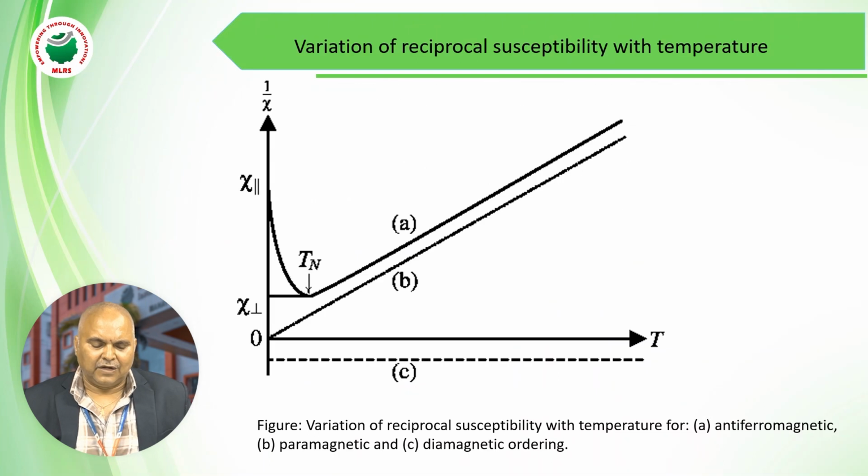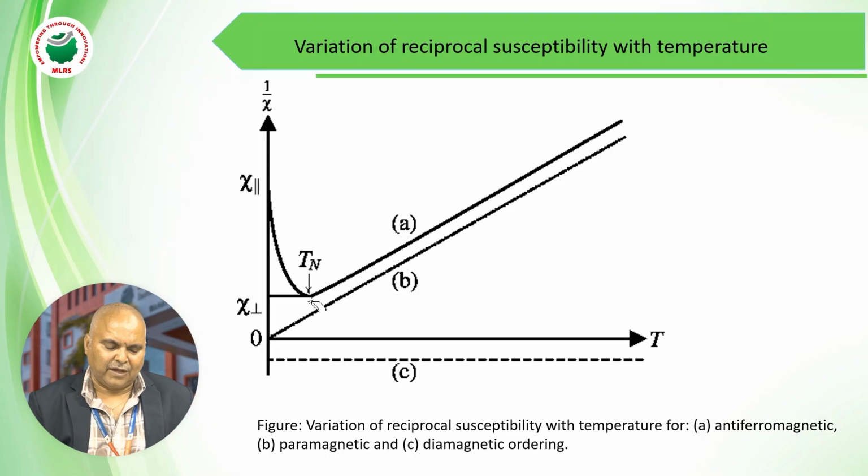Next, how we can see this classification with susceptibility variation, the reciprocal susceptibility. You can see curve A. Curve A is antiferromagnetic behavior, where it has a minimum value and then increases. This point is called the Néel temperature. And the second one, B, is the paramagnetic material. Usually a paramagnetic material gives a straight line through the origin, inversely proportional, that is 1 over chi versus temperature.